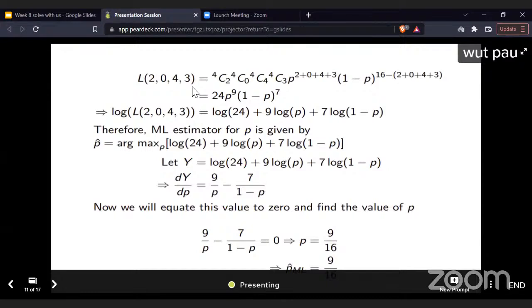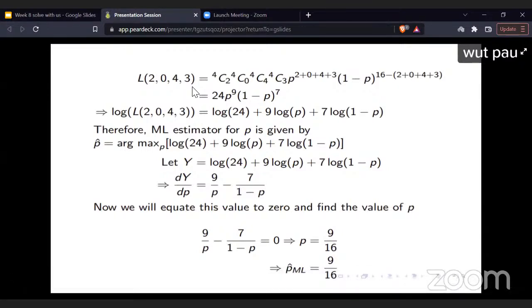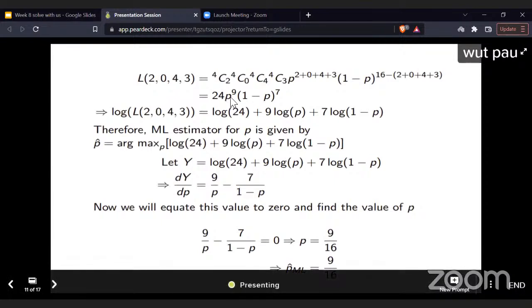Now, after you find the likelihood function, what do we do? We find the log likelihood. 24 p to the power 9 (1 minus p) to the power 7 was the likelihood function. You take the log of this, so it becomes log of 24 plus 9 times log of p plus 7 times log of 1 minus p.